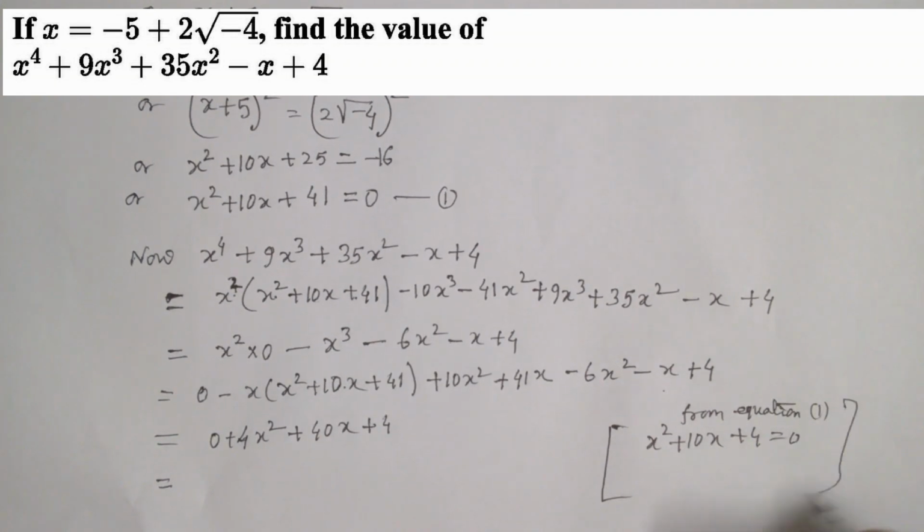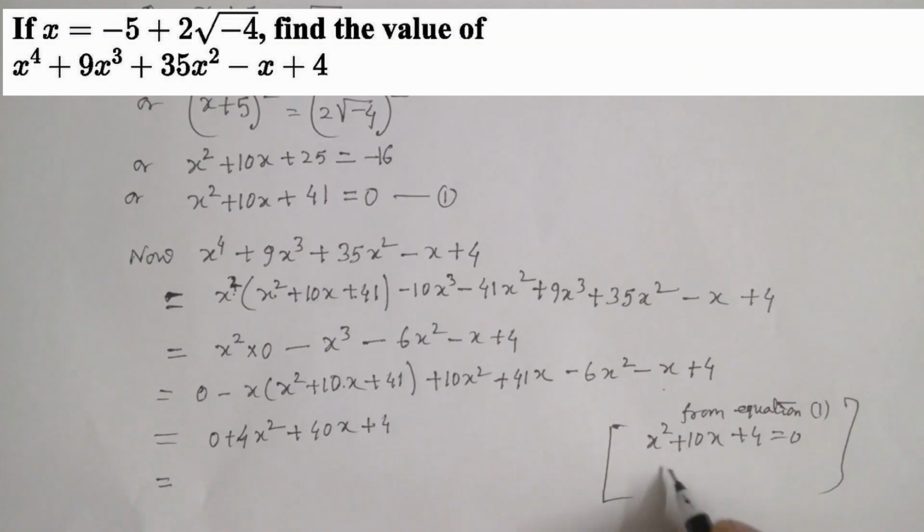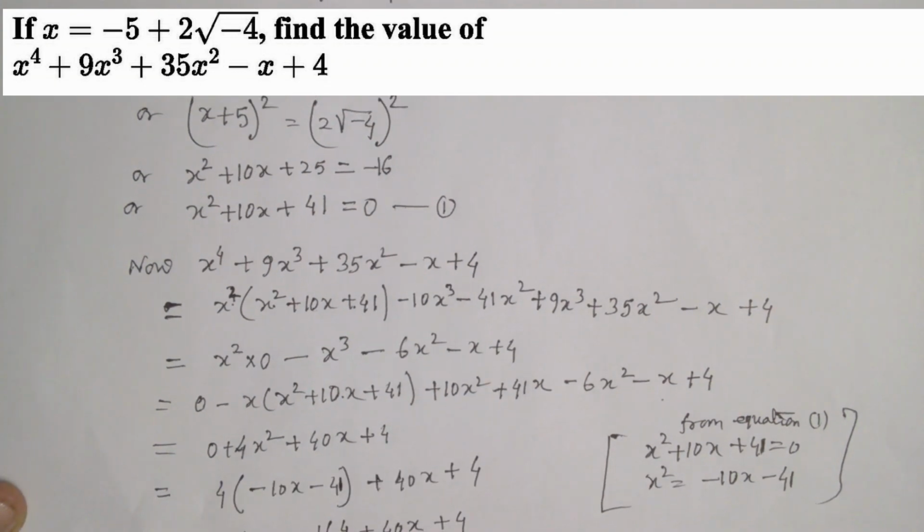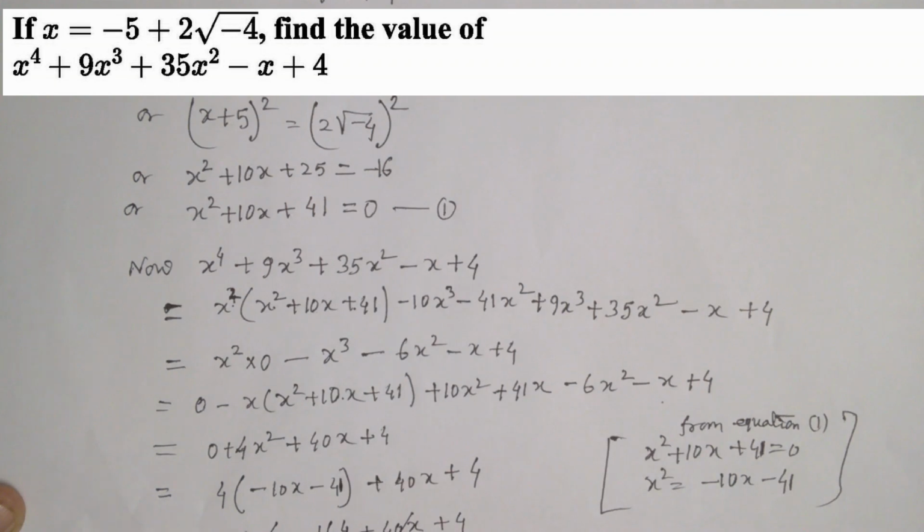So x square is equal to minus 10x minus 41. Then 4 times that gives minus 40x minus 164, plus 40x plus 4. 40x will get cancelled, so minus 160.